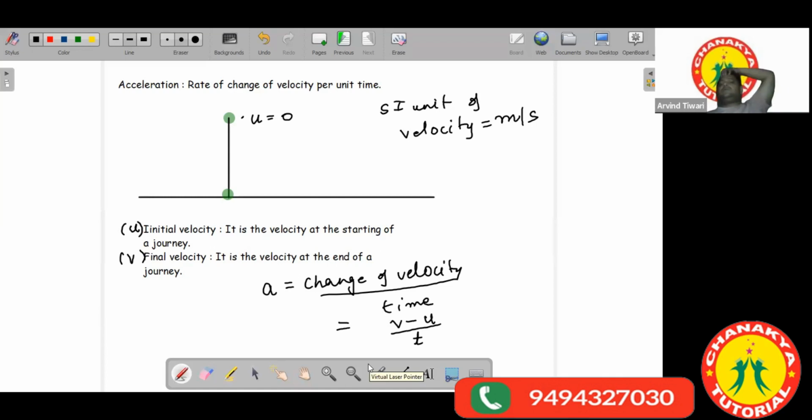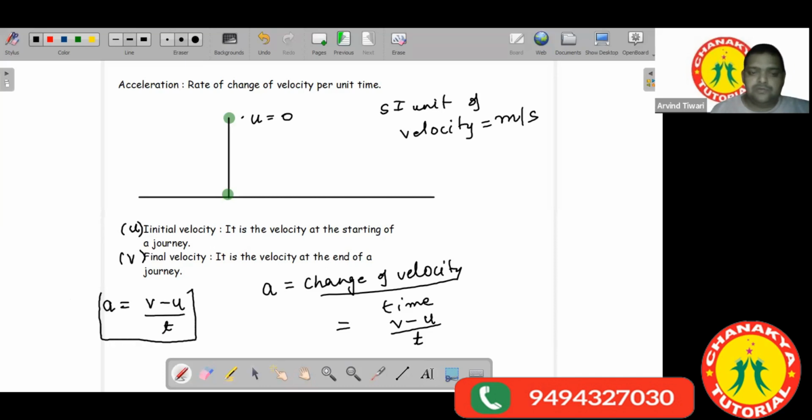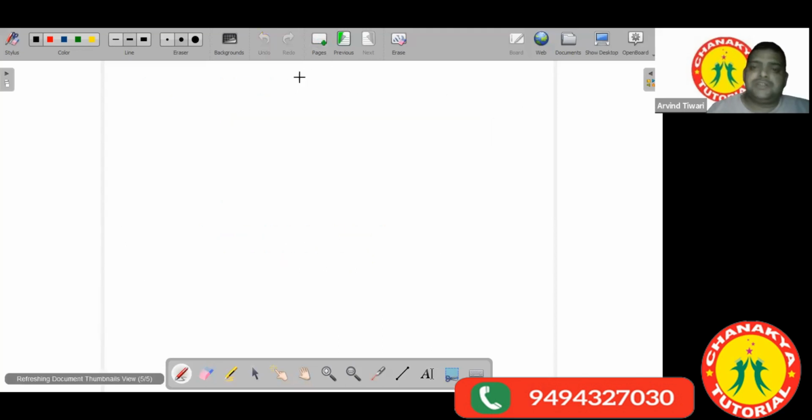Keep a note of the formula: acceleration is equal to v minus u by t. Then we start with a small question.